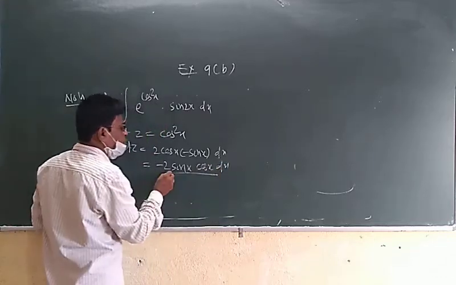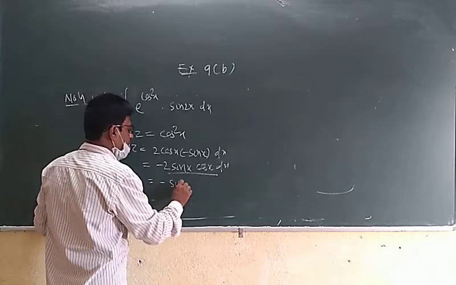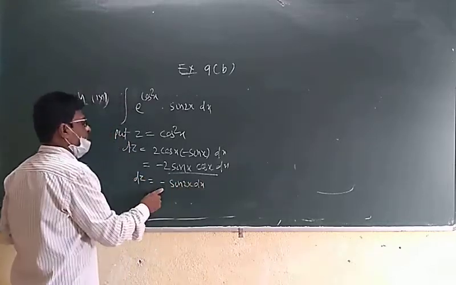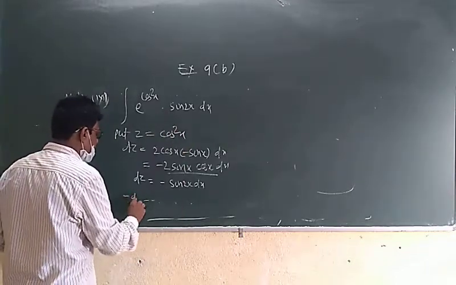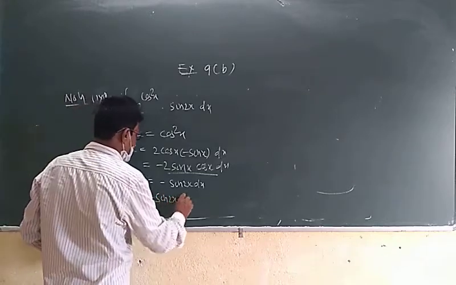You already know 2 sin x cos x equals sin 2x. So minus of sin 2x dx is equal to dz. Since sin 2x, not minus sin 2x, is given in your problem, minus of dz is equal to sin 2x dx.